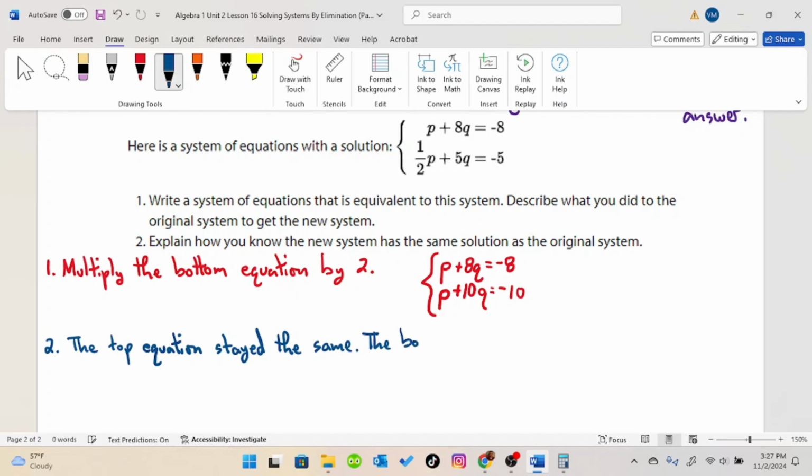The bottom equation had both sides multiplied by 2.